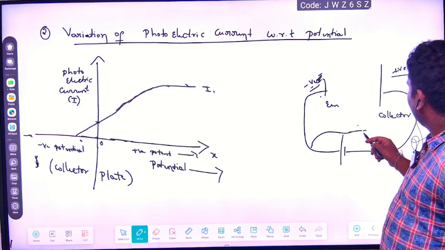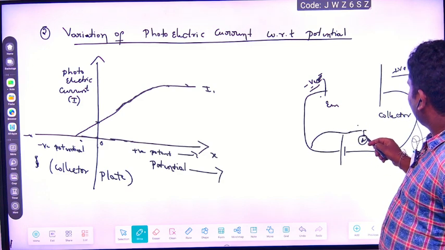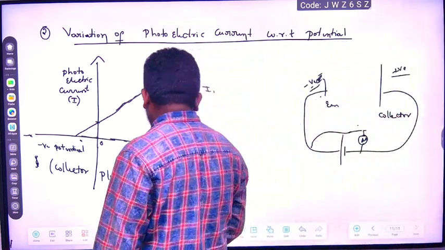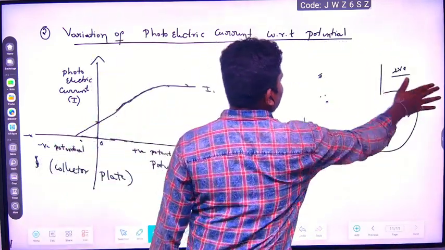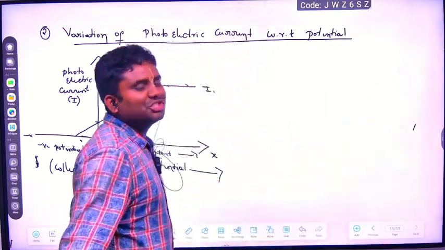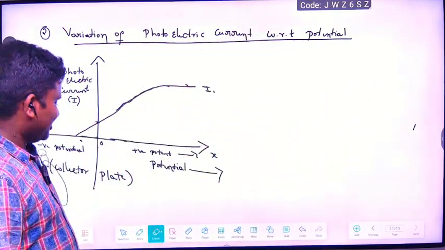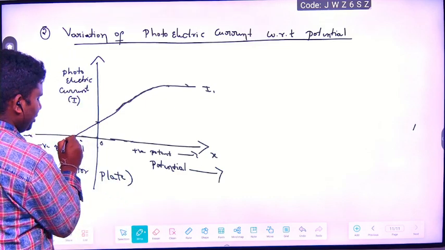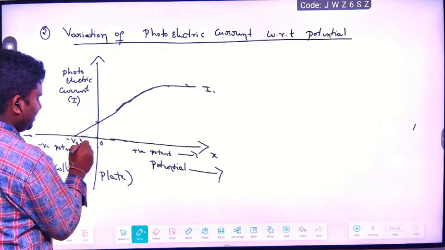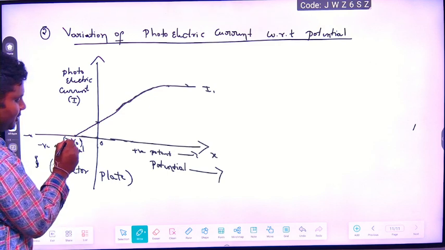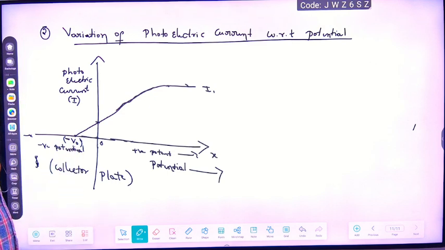The microammeter will show zero deflection. Understood? Current flow will be stopped. That potential is what we call stopping potential. You can write here, it is V0, minus V0, because it is negative potential.